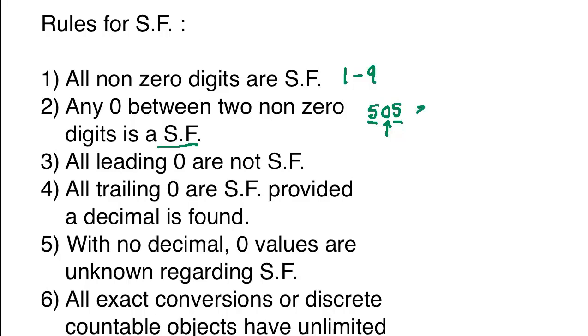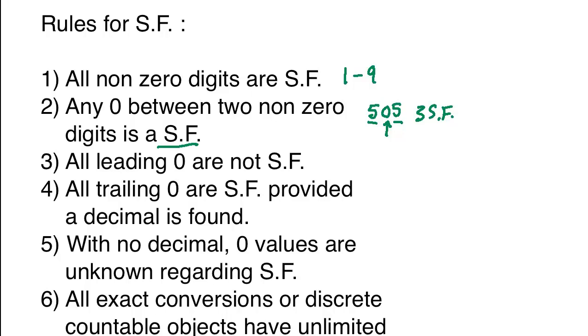And so I would say that there are a total of 3 significant figures when I look at that value. Now again, we haven't gotten to units yet, so it could be 505 grams, it could be 505 liters, whatever it might be. It doesn't matter at this point. All you need to be able to do this far is determine the number of significant figures that you're looking at.